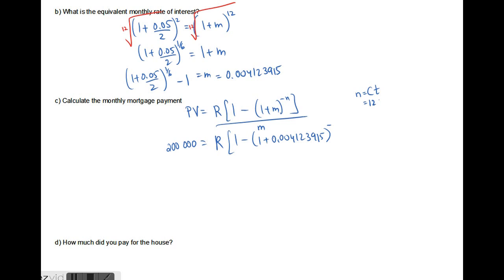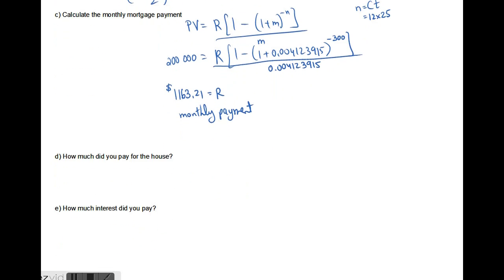So it's 12 times the 25 years, so it would be negative 300 as our power there, all divided by m again. Solving this for R, you should get 1,163.21 as a regular monthly payment.